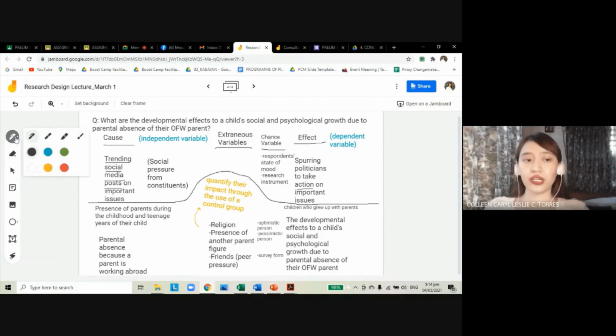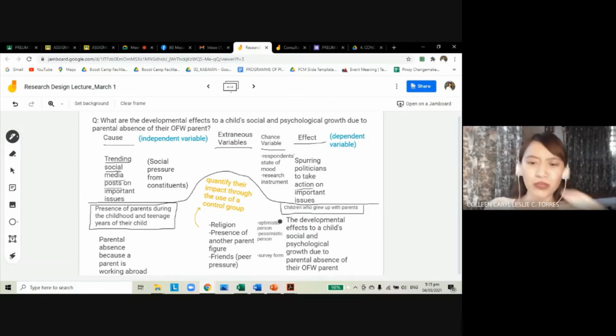So now that we have a control group, we use a control group in order to quantify the impact of religion or the extraneous variables on the dependent variable.